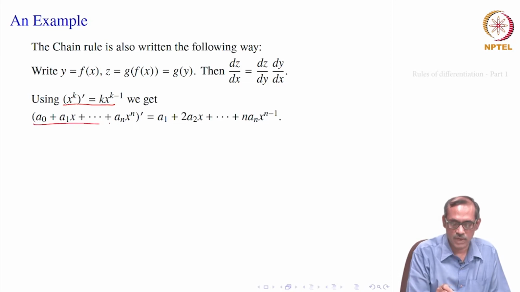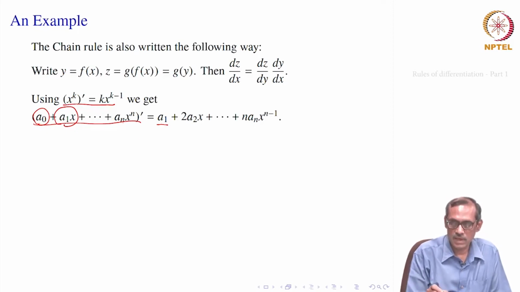We differentiate a polynomial a0 plus a1x plus up to an x to the power n. It will be the sum of individual derivatives. So, first the derivative of a0, it is a constant, its derivative is 0, and the derivative of a1x is a1 times the derivative of x. Derivative of x means k equal to 1 here. So, that gives 1 into x to the power 0, which is 1. So, it gives a1.